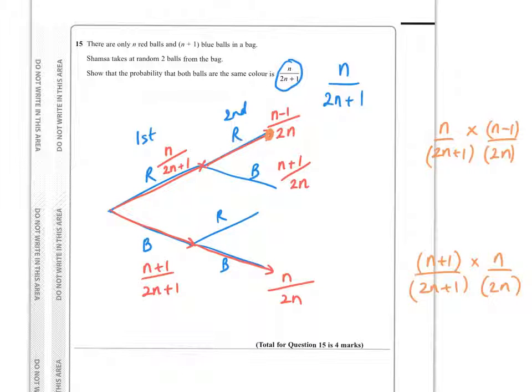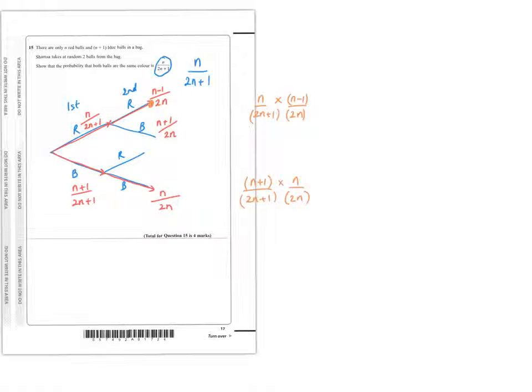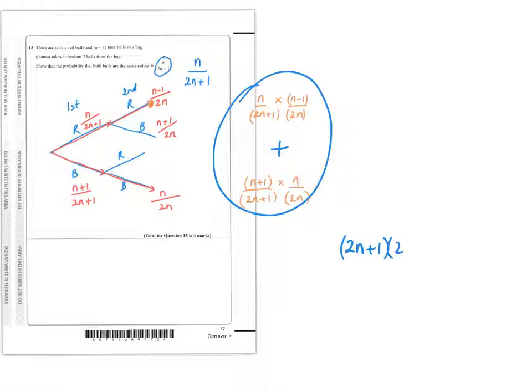Well, it looks like the denominators are the same, and that's good. So we're going to add these outcomes together. So we're going to have 2n plus 1 lots of 2n for the denominator. And then on top we're going to have n lots of n minus 1 and n lots of n plus 1, or n plus 1 lots of n, same thing.